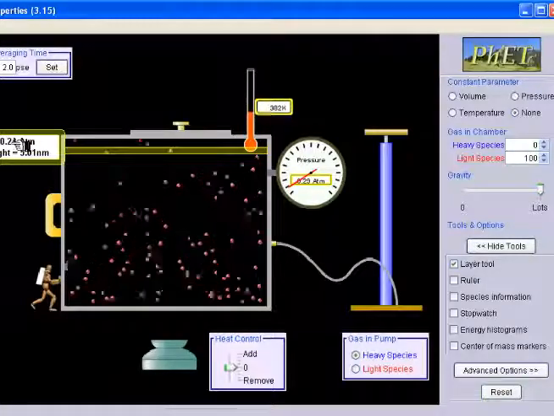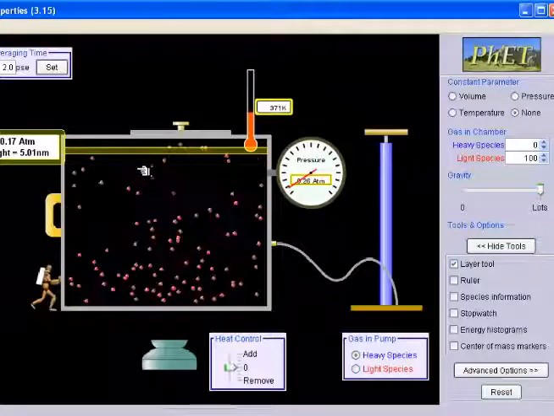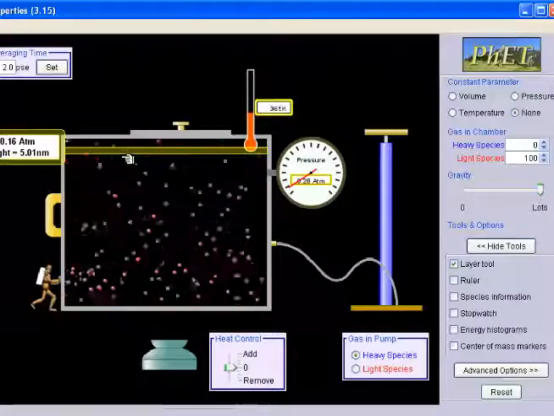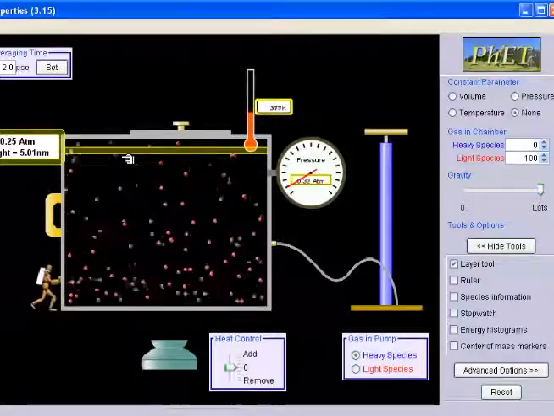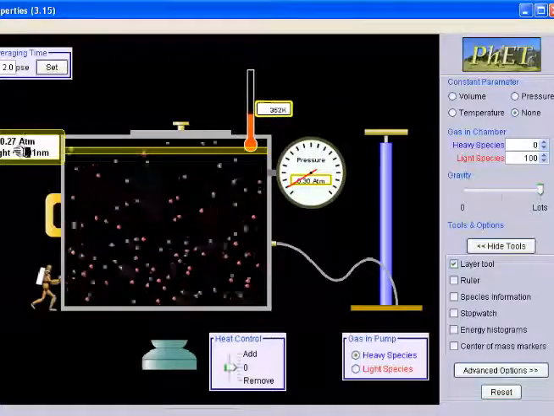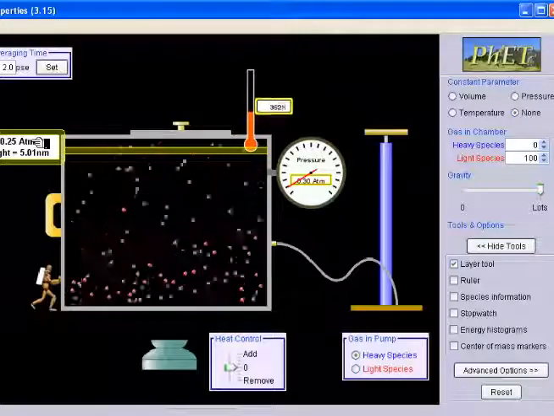It goes up and down because the molecules are bumping into the container at that height, and there's not a constant number of molecules bumping every second. The highest I've seen it here was 0.27 atmosphere.